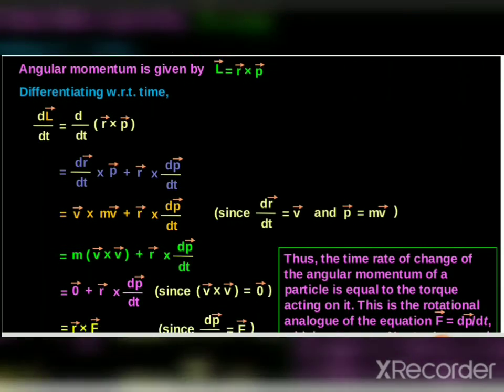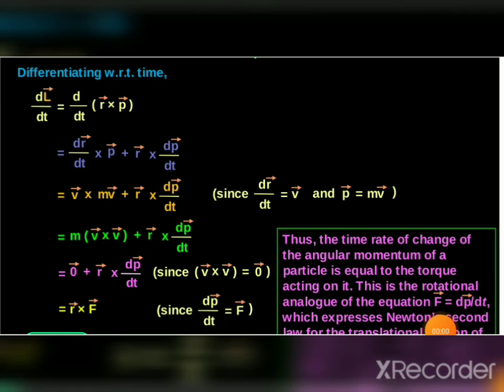Okay, so dL by dt is equal to d by dt of r cross p. Using the product rule, you can write dr by dt cross p plus r cross dp by dt. So you are first differentiating the first term, adding that, then the second term. Now you know that dr by dt is equal to v, and p is also mv, so v cross mv plus r cross dp by dt.